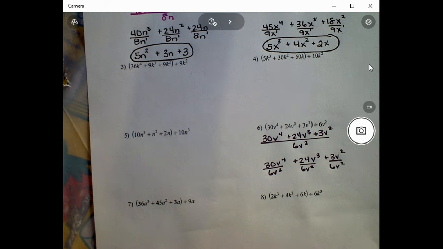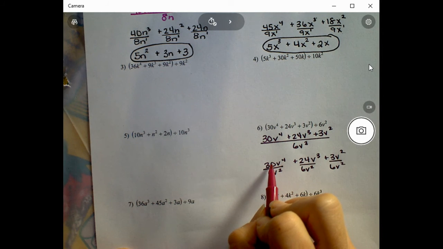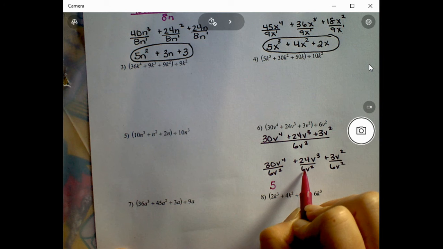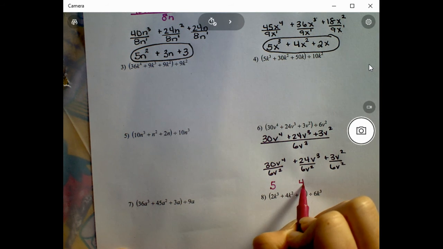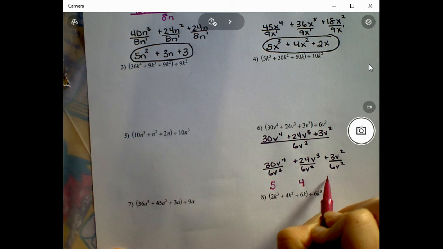All right, and now we need to follow the rules. Divide the coefficients. 30 divided by 6 is 5. 24 divided by 6 is 4. 3 divided by 6 is actually 1/2.